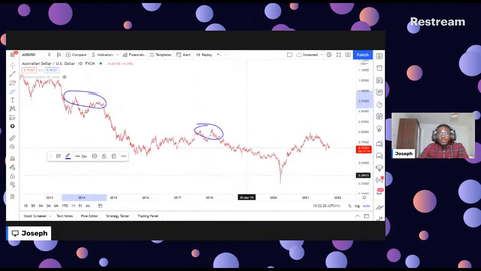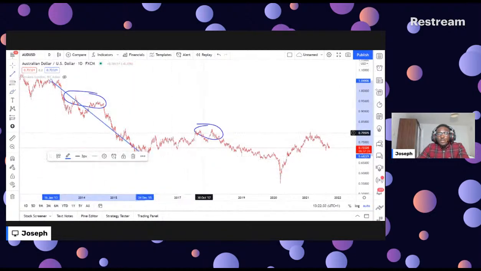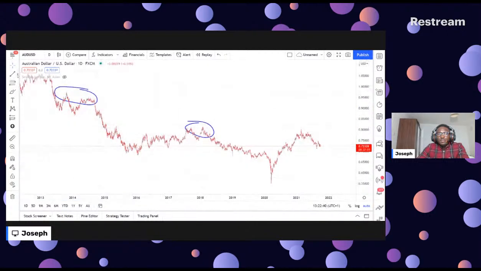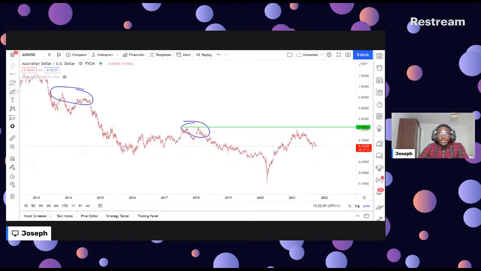This is a structure here. New structure low, outside return, new structure low, outside return. So as long as we don't break this structure level here, which we haven't, we can expect this market to go down, right?